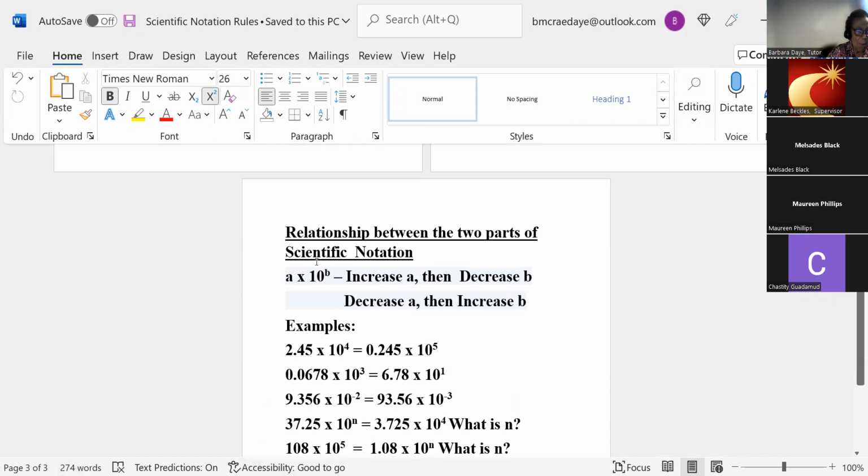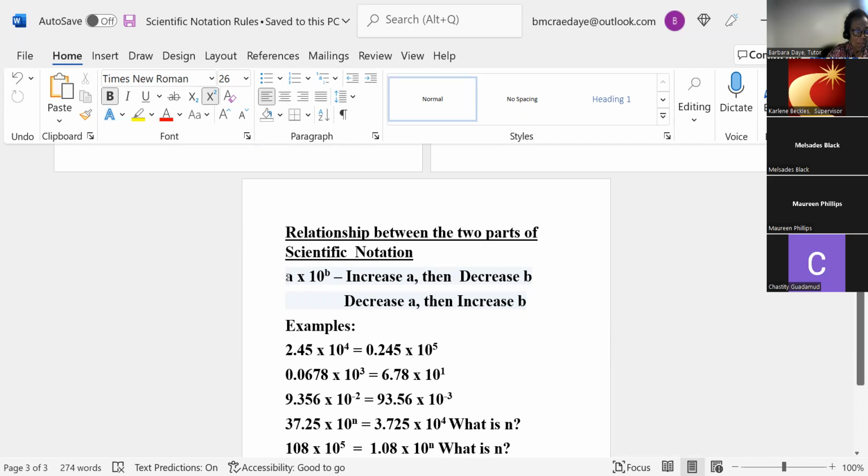Now, the general format of scientific notation: you see the relationship between the two parts? The first part we call A. That's some number, but it has to be between 1 and 10. And then we have the second part, 10 to a power.